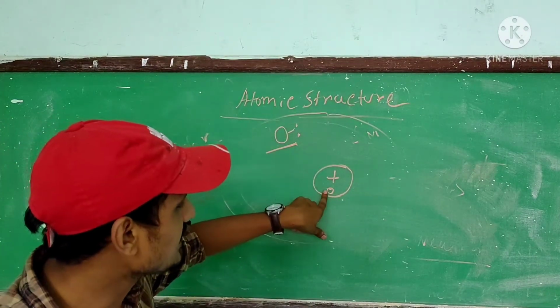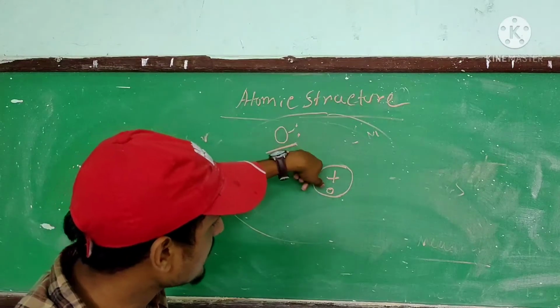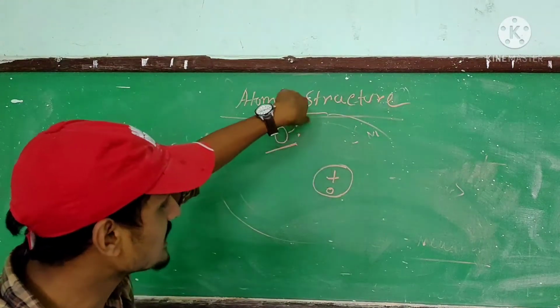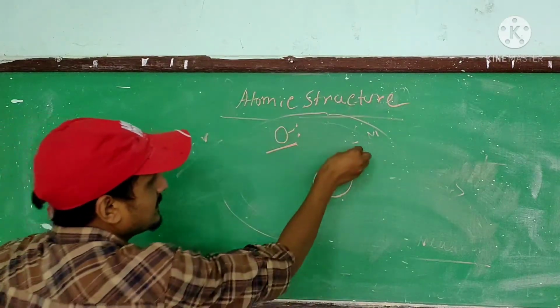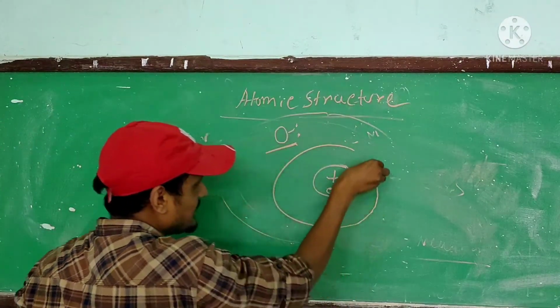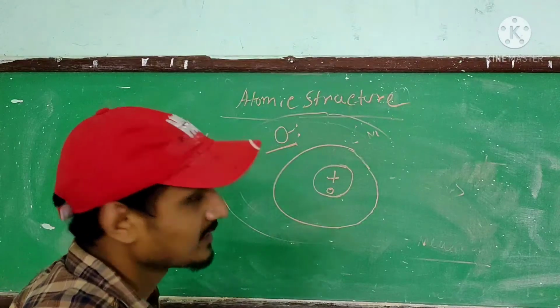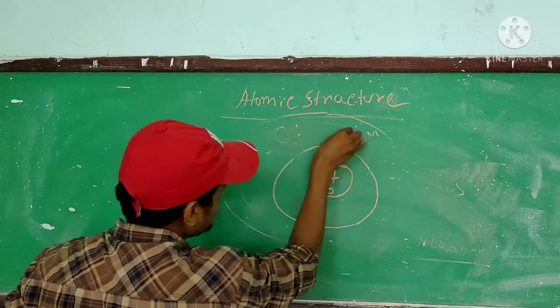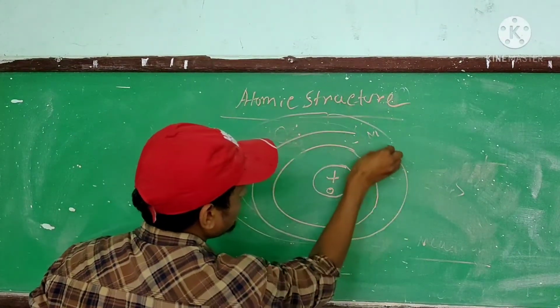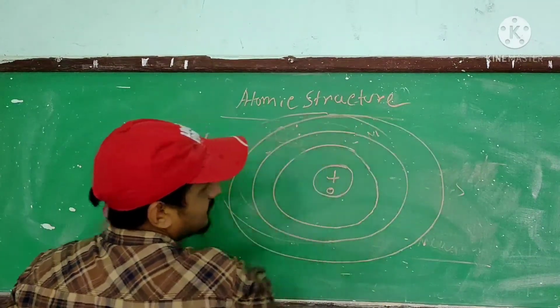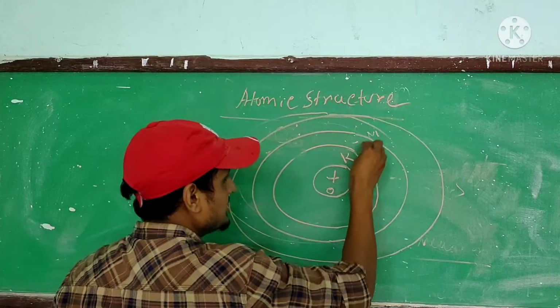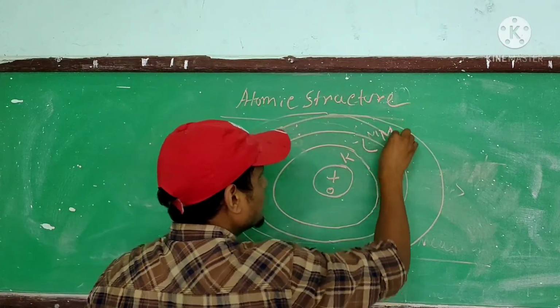Because neutron has no charge, I have given a 0, and as proton has positive charge, I have given positive. Surrounding this nucleus, this is the first orbit, this one is the second orbit, this one is the third orbit. Likewise you draw. First orbit is called K, second is L, third is M.